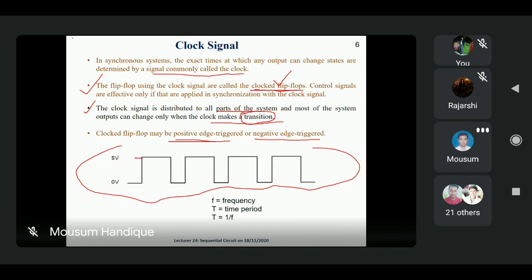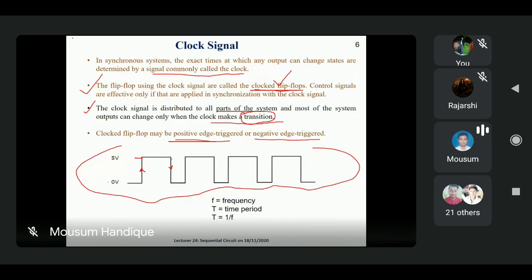See here, if this particular waveform is going from low to high, in this particular direction, it is called a positive edge. That means it is going from low to high. And if we go in this particular transition, that means it is high to low.